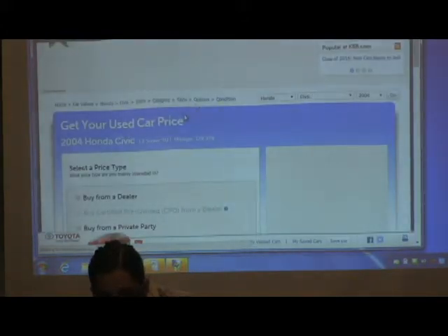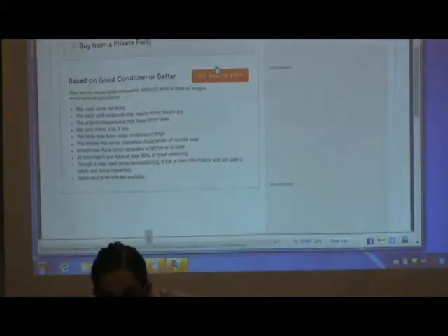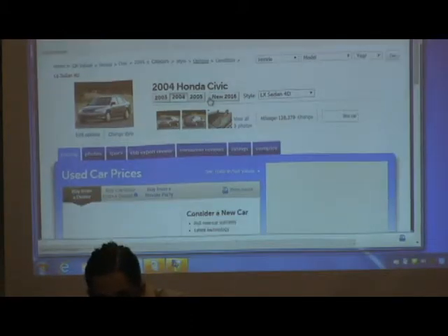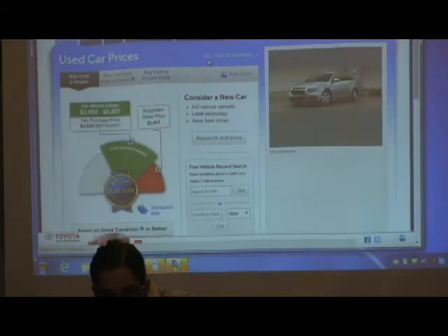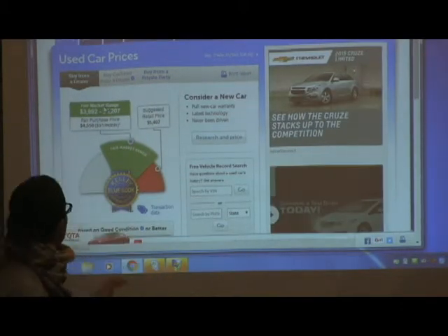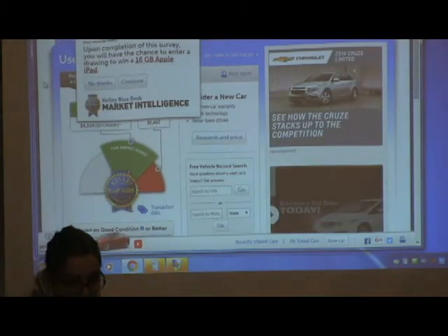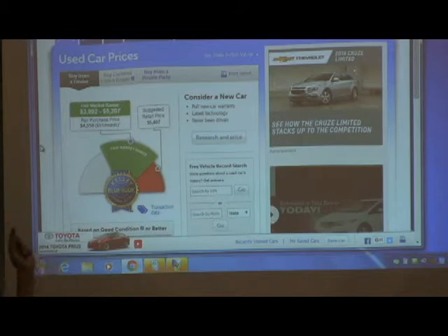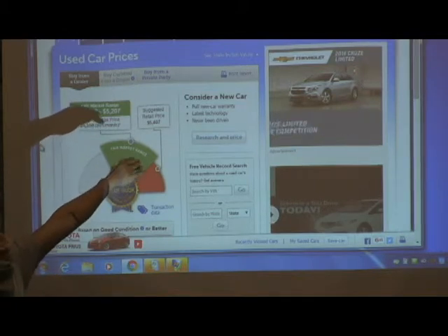If I price that car and we say we're going to buy it from a dealer, we can also look from a private party. If I buy that 2004 Civic from a dealer, it tells you right here your fair market range is between 3,900 and 5,200, and the average price was $4,500.